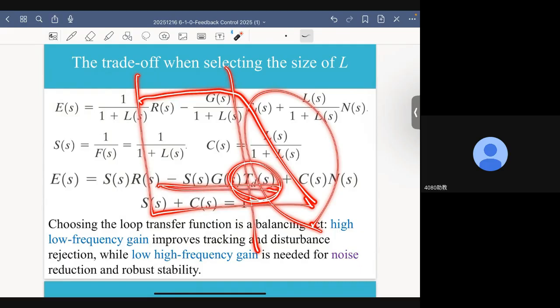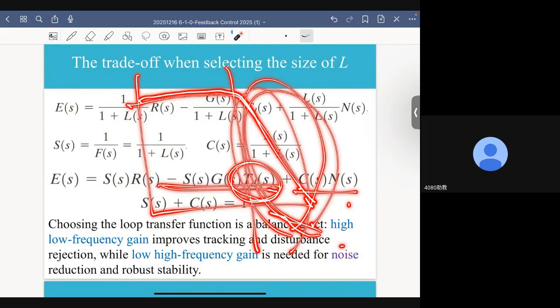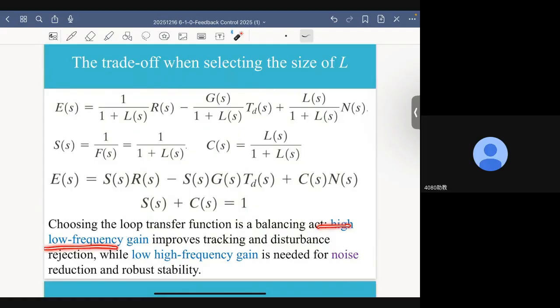All right, so that T_D, the contribution of the input disturbance, can be reduced. Okay, and by making L very small in the high frequency band, I can somehow reduce the impact of the measurement noise. So low frequency gain improves tracking and disturbance rejection. Tracking error comes from here. Disturbance error due to input disturbance is here.